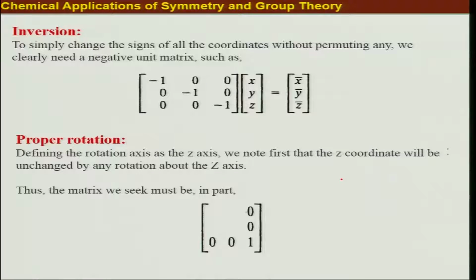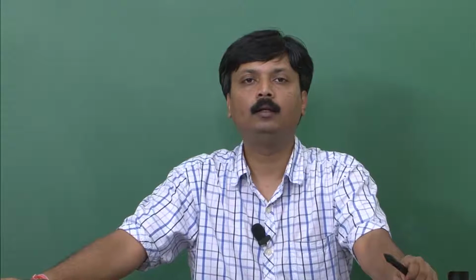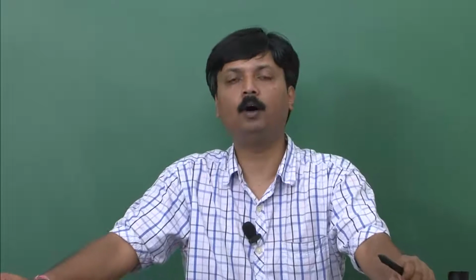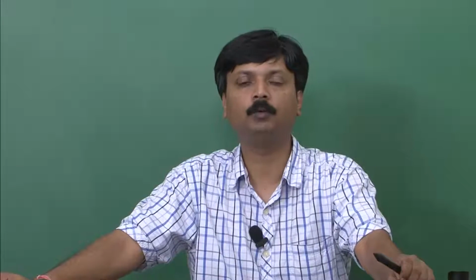Now, let us come to inversion. Inversion is another one which is not too difficult. In case of inversion, you take any general point on the body. If its coordinates are x, y and z, then after the inversion symmetry operation is done on this particular point, each coordinate will get inverted.